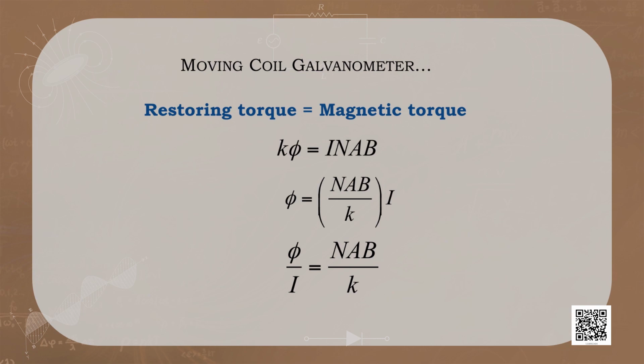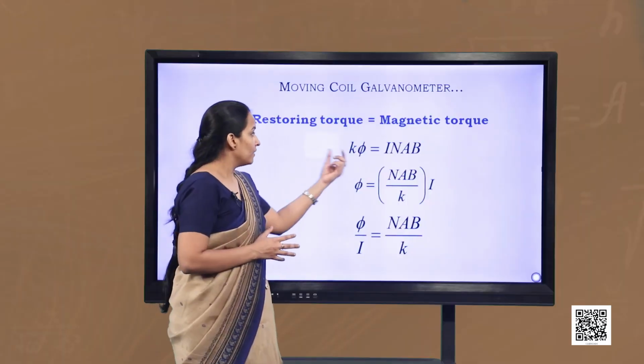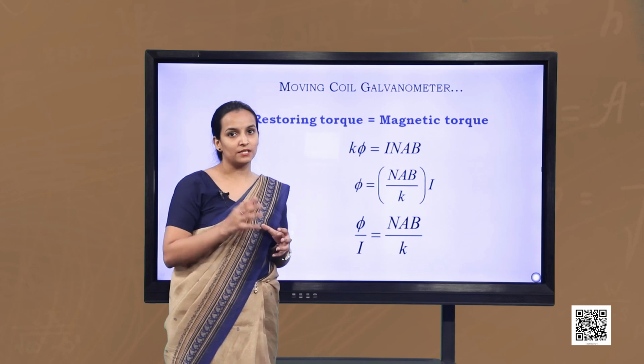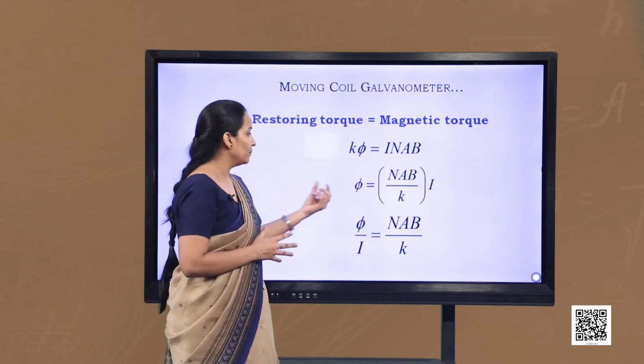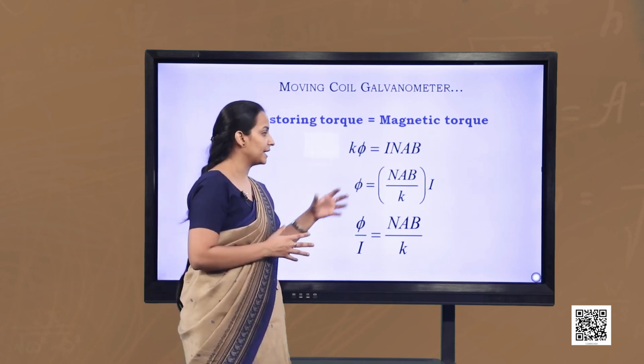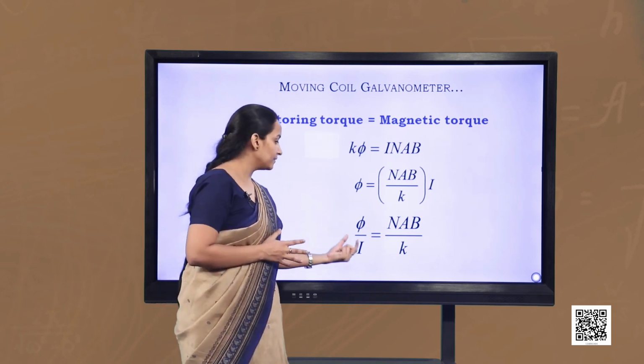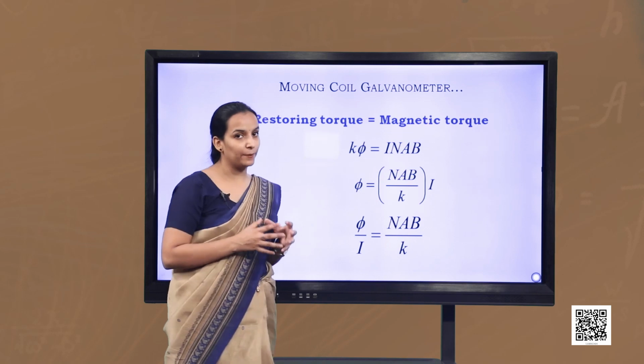Here the restoring torque is equated with the magnetic torque. Restoring torque is Kφ, where K is the torsional constant and φ is the angular deflection, and NIAB is the magnetic torque. Now we can find φ from here, which is NAB divided by K multiplied by I, and φ divided by I is given by NAB/K.